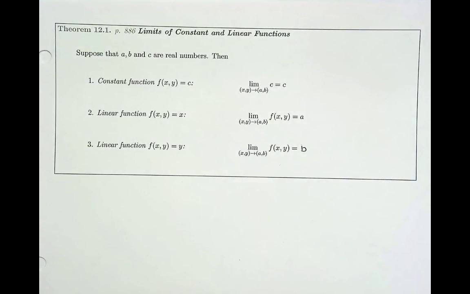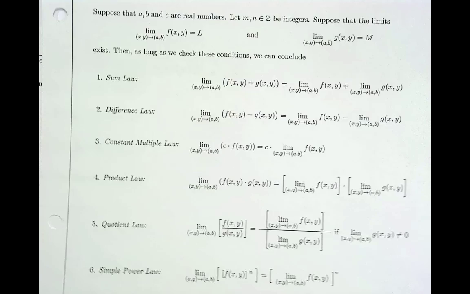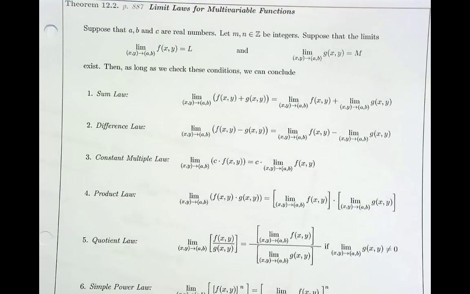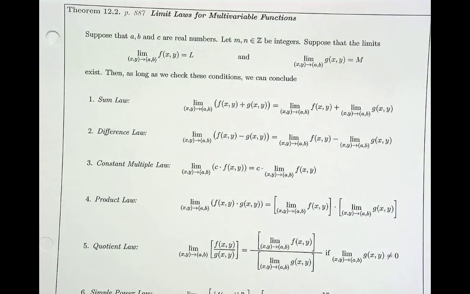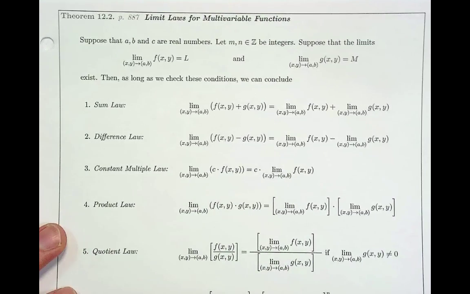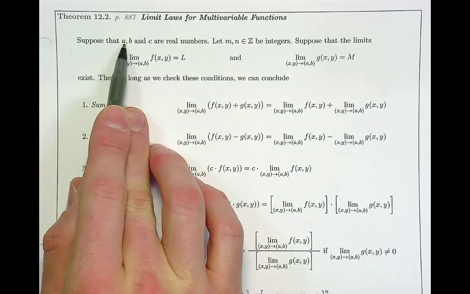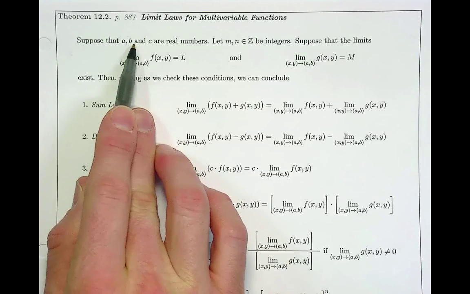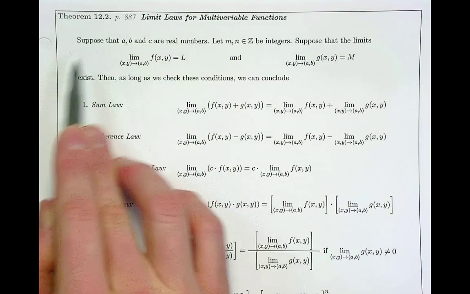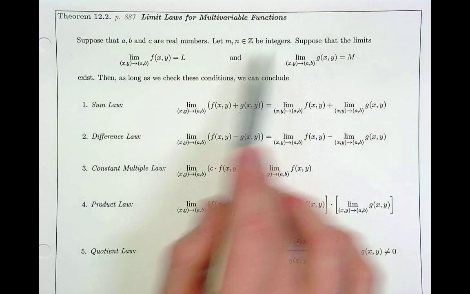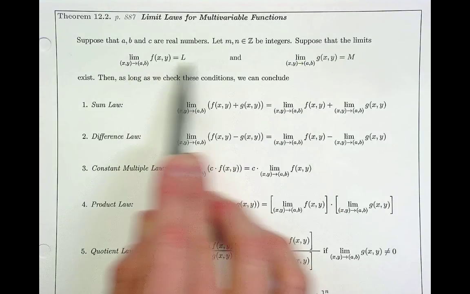I'm going to drop another major set of limit theorems on you. You probably recognize these from your previous life. This is the algebra of limits applied to multivariable functions. So if you have some constants a, b, and c that are in the domain of a function, and you know for sure that the two separate limits exist.